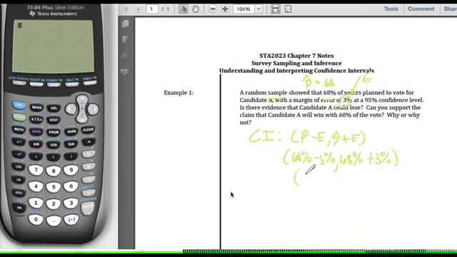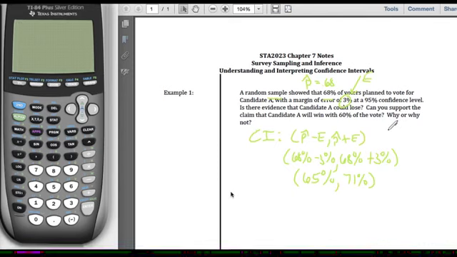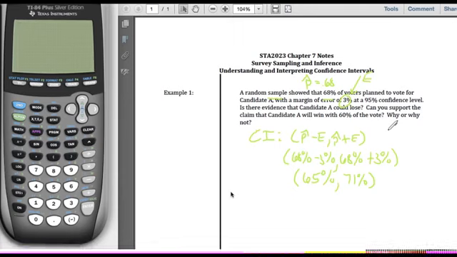And so that gives me 65% to 71%. So I'm 95% sure, I'm 95% confident that between 65% and 71% of people are going to vote for candidate A.